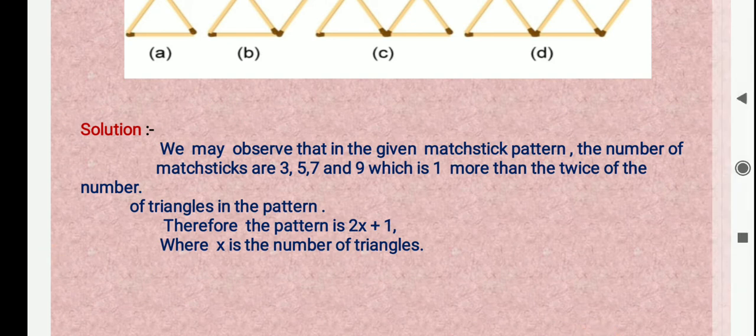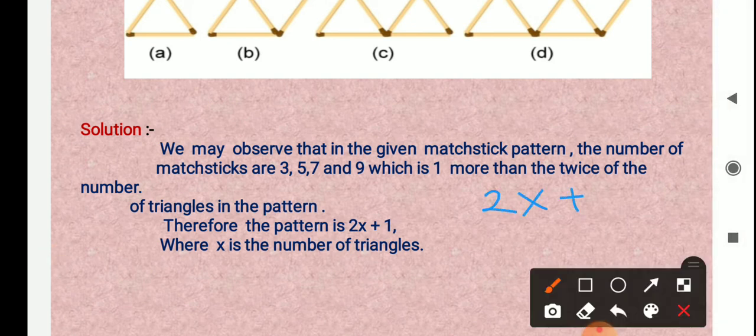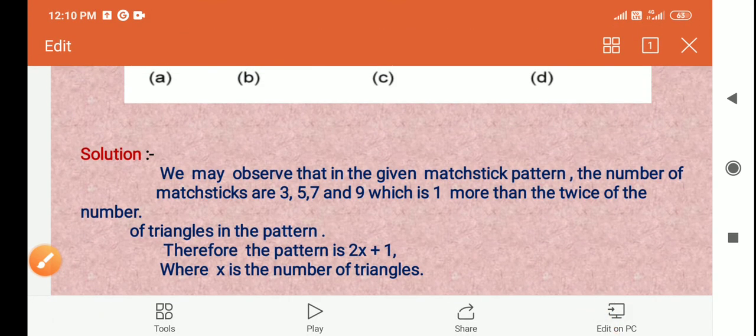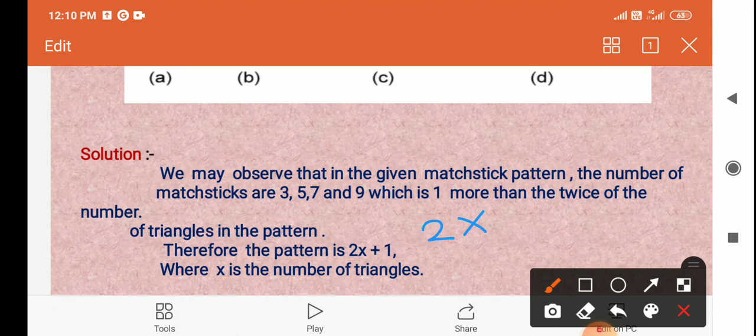Now if in this pattern we put the value of x as 2, suppose we have to make 2 triangles, 2 twos are 4, 4 plus 1, 5. So to make 2 triangles we need 5 matchsticks. Suppose we put the number of triangles as 3.